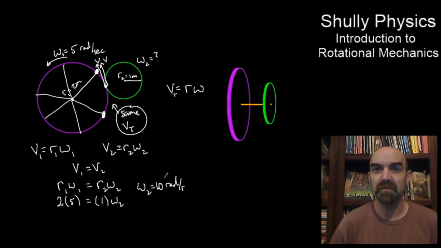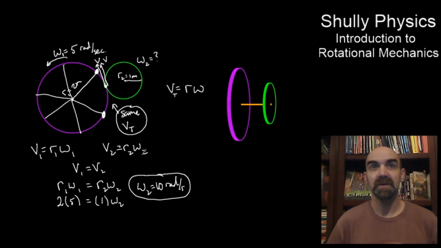Let's take a step back and think about that. Does that make sense? Every time the purple wheel, number 1, rotates around 1 time, for every 1 revolution, a point on the edge travels twice as far as on wheel number 2.